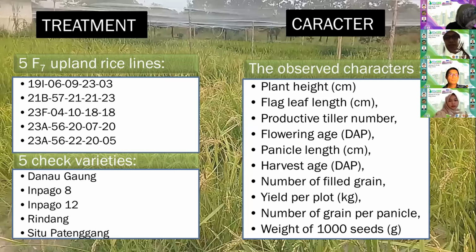Character observations: plant height, flag leaf length, productive tiller number, flowering age, panicle length, harvest age, number of filled grain, yield per plot, number of grain per panicle, weight of 1,000 seeds.